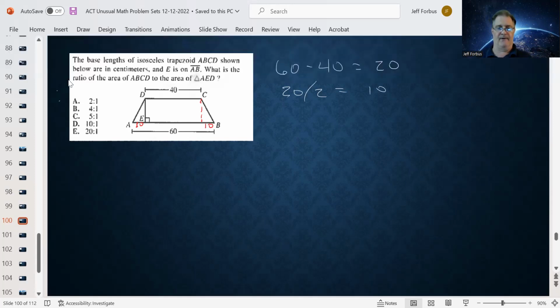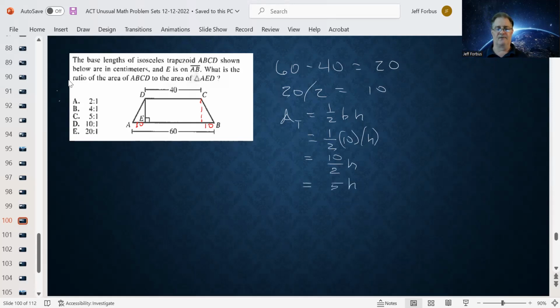We can figure out the area of the triangle. I'm going to put A sub t. That's 1/2 base times height, right? All right. So we know the base is going to be 10. So 1/2 times 10 times h. So that's equal to 10 halves times h, or it reduces to 10 divided by 2, 5h.